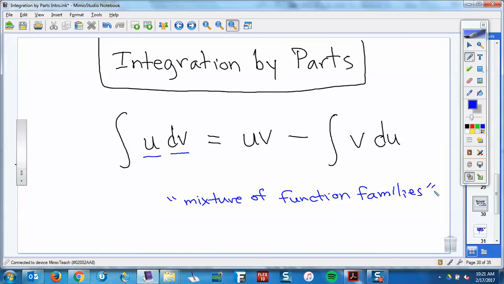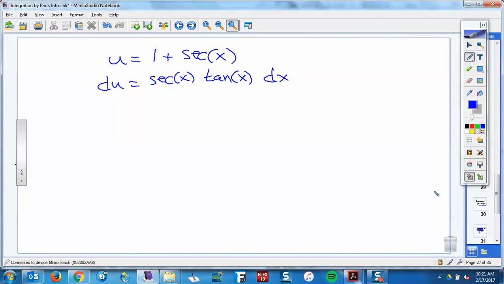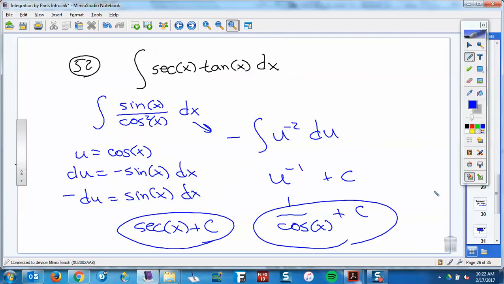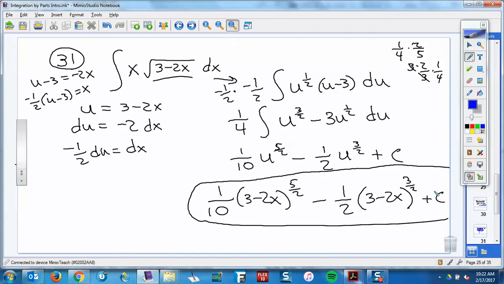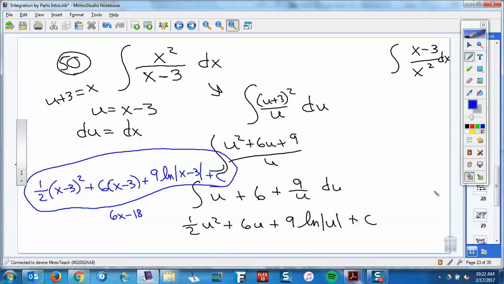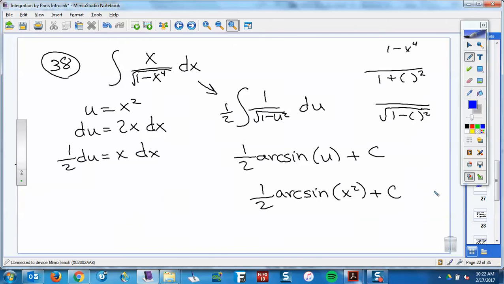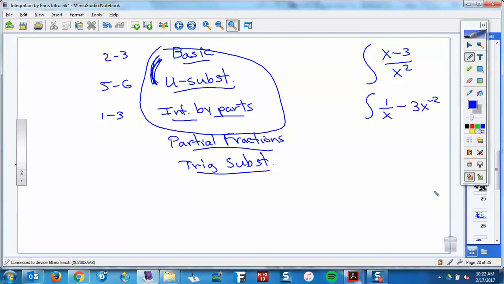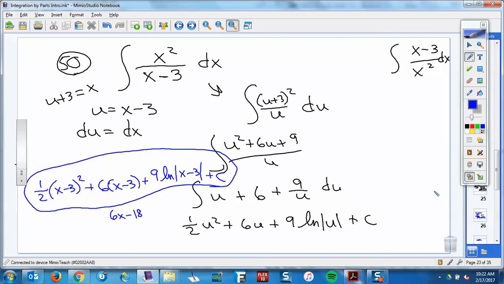Now, here's what I mean by that. If you look back at our u substitution problems, typically it's either all trig functions or all algebraic type functions, just algebra, powers, right? It's not typically a mixture of different function families.